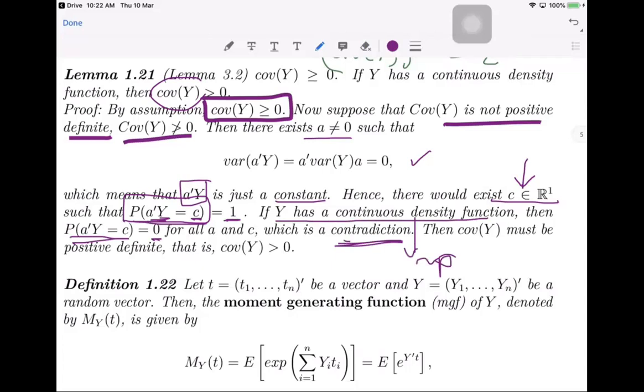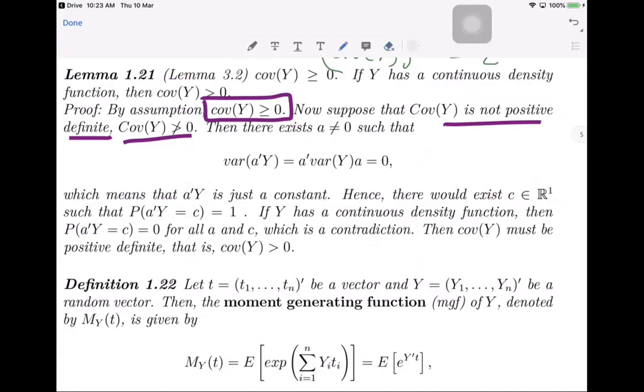Which is a contradiction. Then our assumption that not Q must be wrong. So it must be that P, if Y has a continuous density function, then the covariance matrix is positive definite.